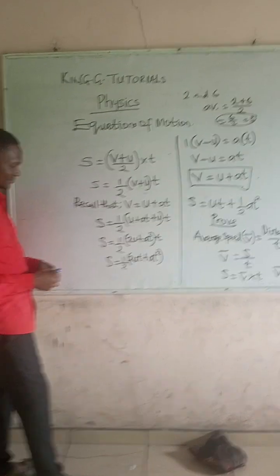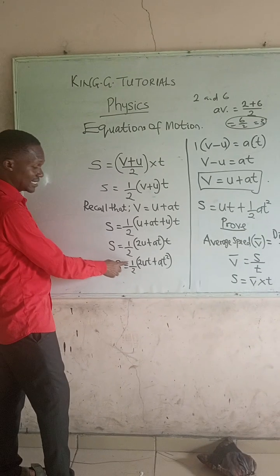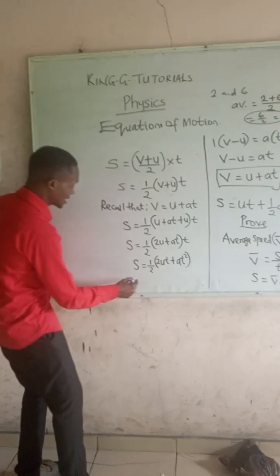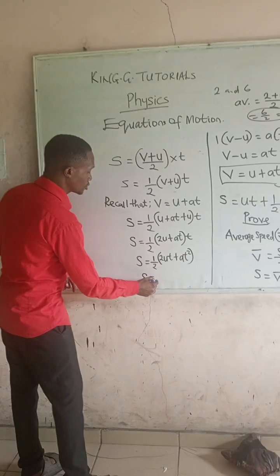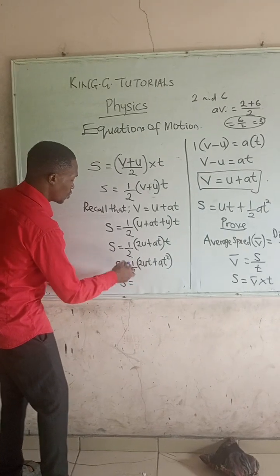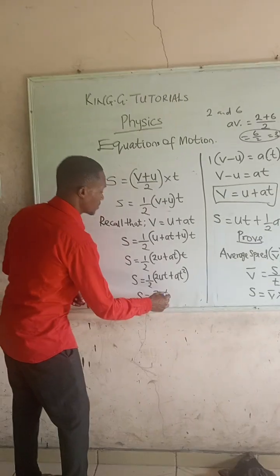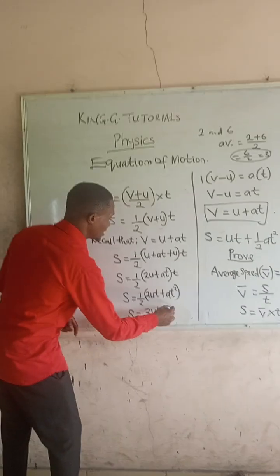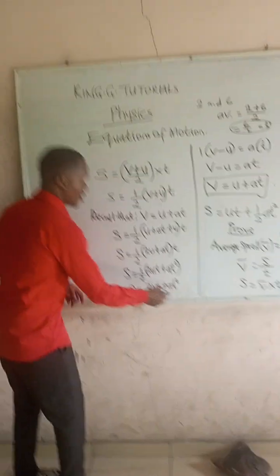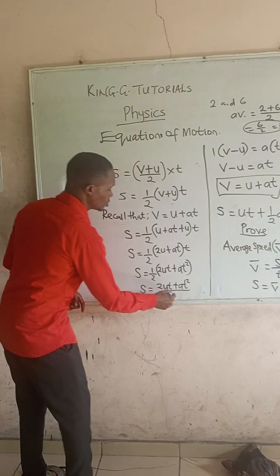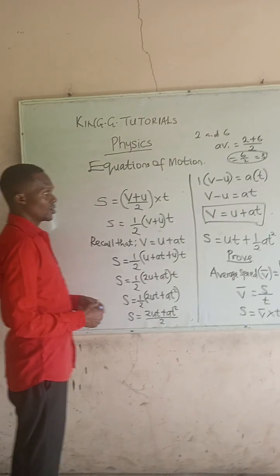We are getting there. So this can now be written as S equals 1 over 2 times 2UT plus AT squared, all over 2.